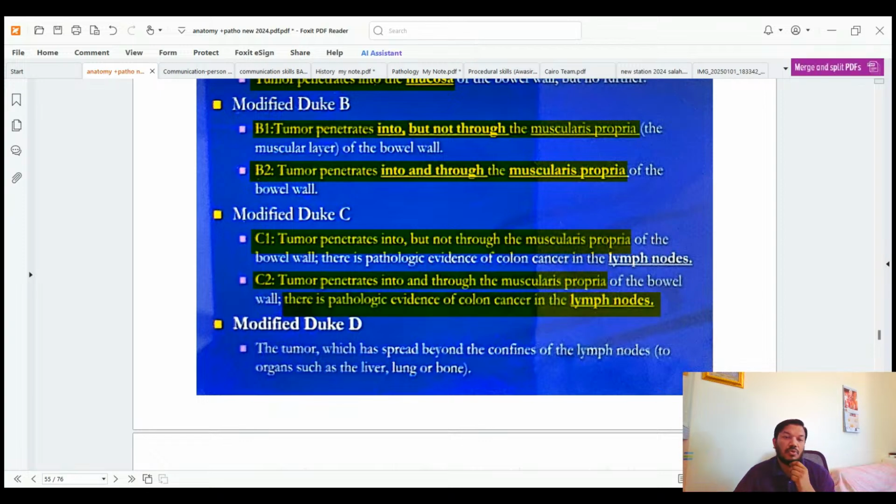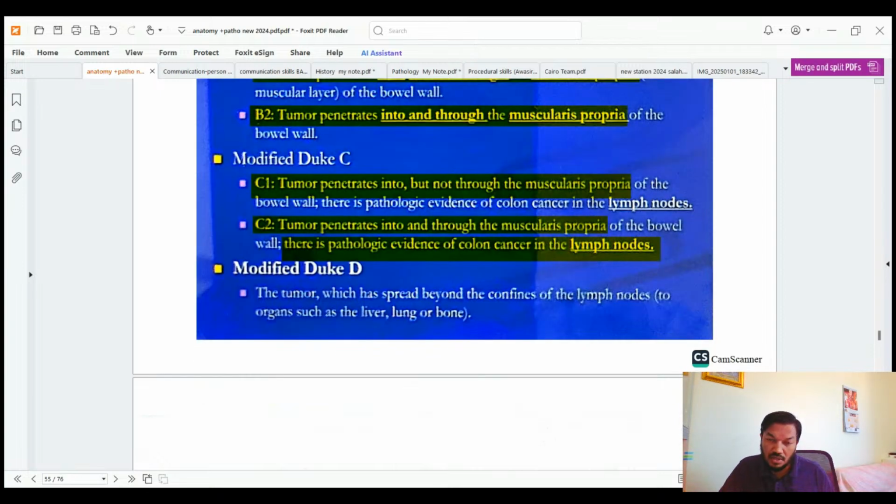Modified Duke D: the tumor has spread beyond the confines of the lymph nodes to organs such as liver, lung, and bone.